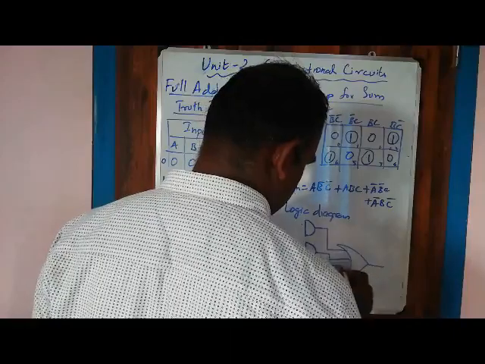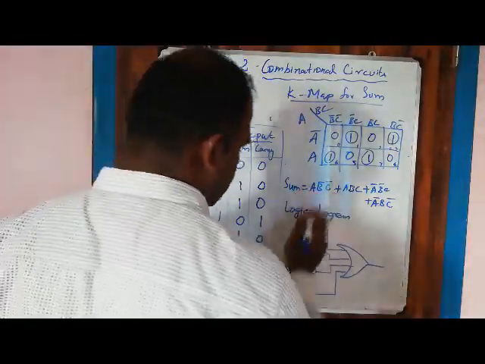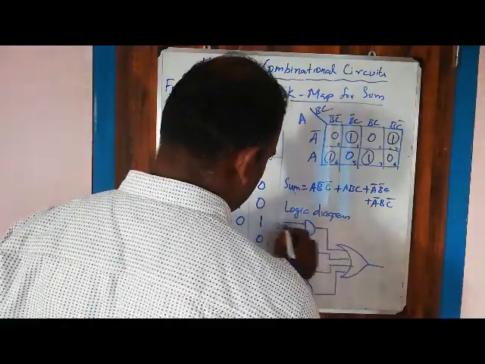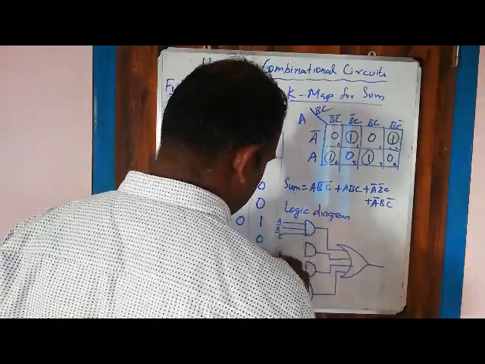This is the OR gate. For the first AND gate, what are the inputs? 3 inputs, that is A, B bar, C bar.